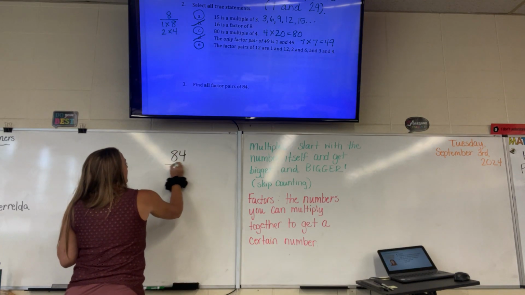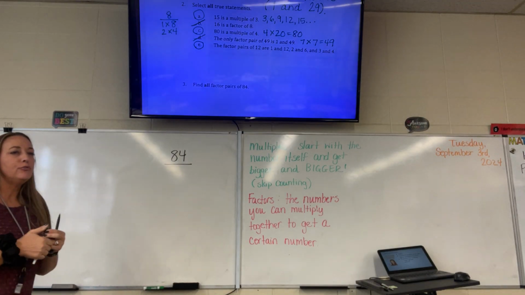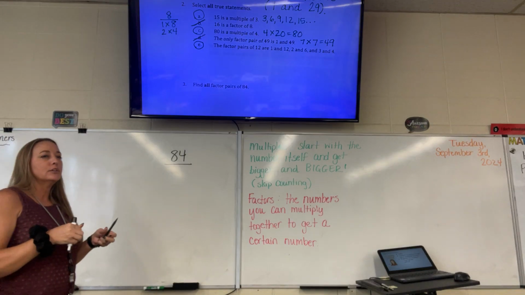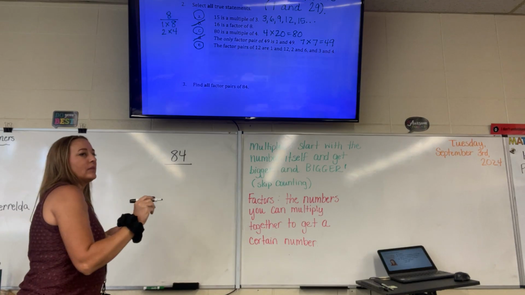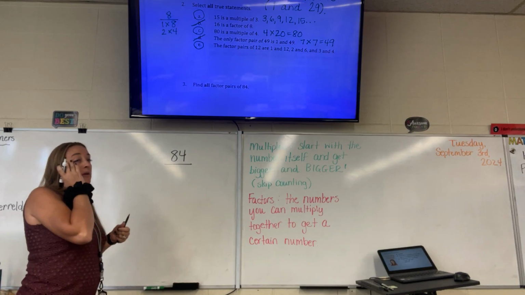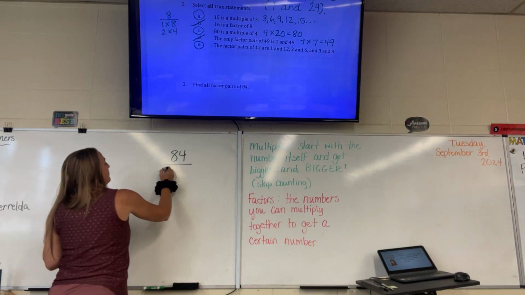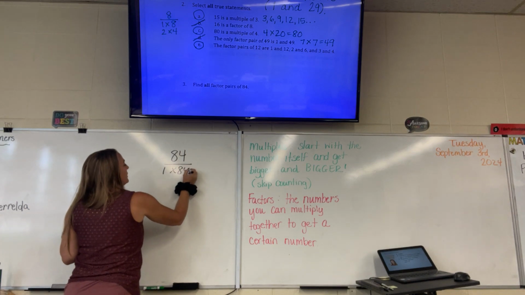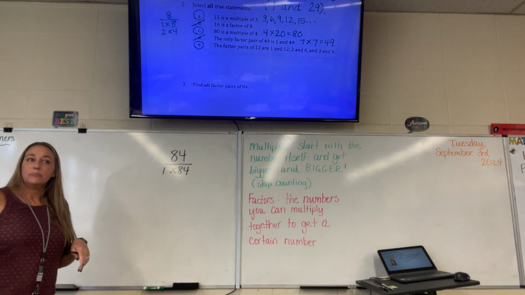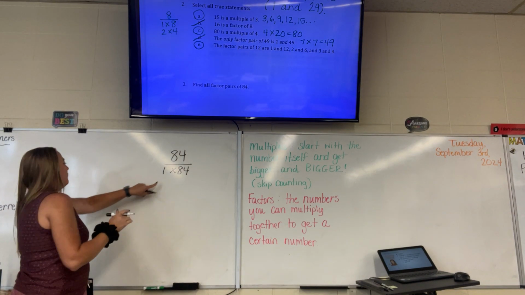84. What are the first 2 factors of 84? 1 times 84. We're going to go in order so we don't miss any of them, okay? 1 times 84.